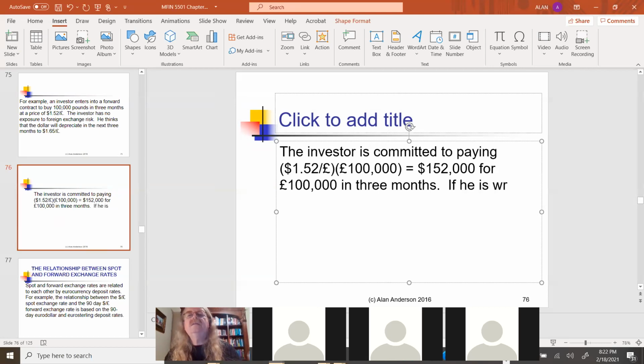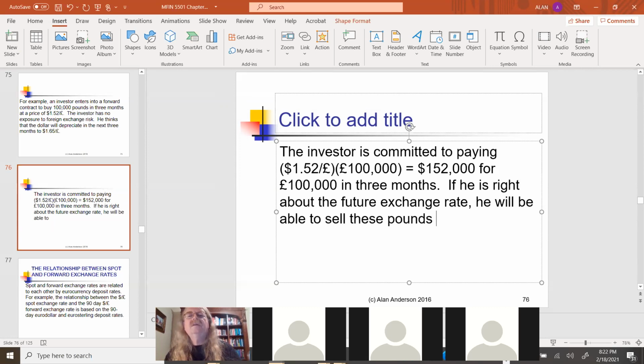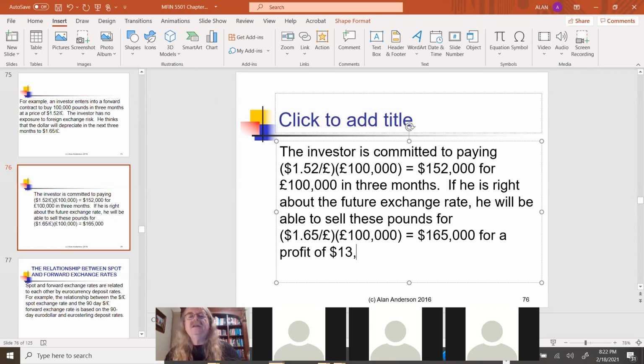If he is right about the future exchange rate, he will be able to sell these pounds for the new amount, $1.65 instead of $1.52, and that's going to bring him $165,000. And so a profit of $13,000.